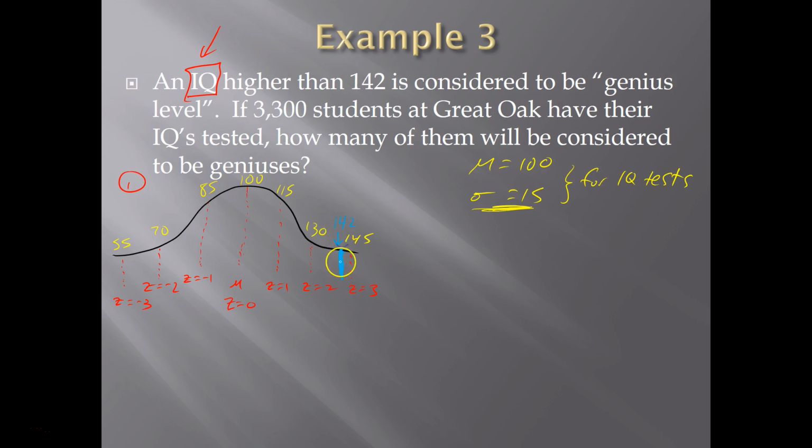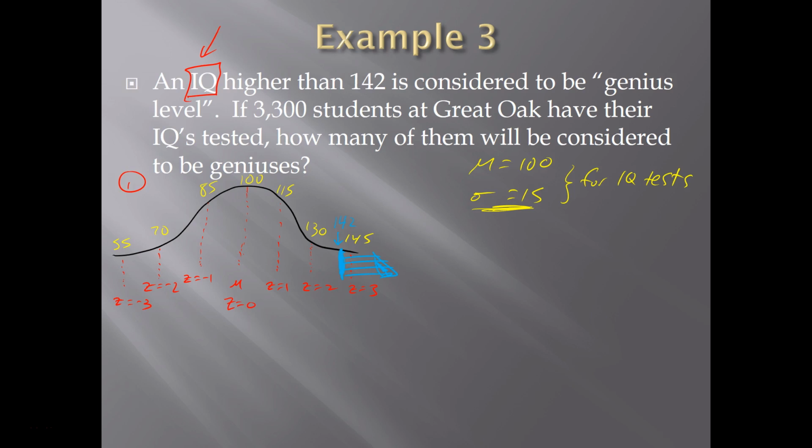So there's 142. In order to be a genius, they have to have an IQ higher than 142. So that would be on this side. So we're looking to see how much data is to the right side of that 142.